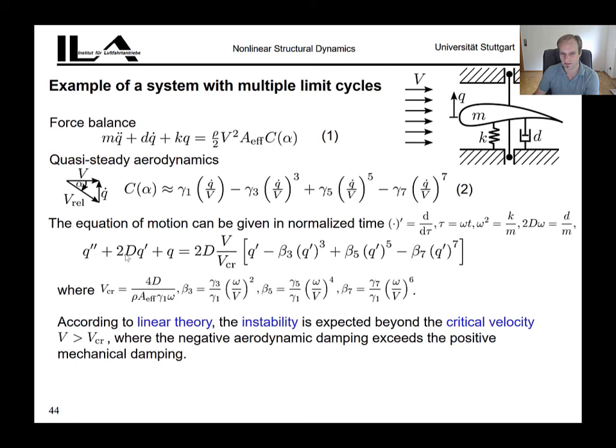So we have a damped situation. If V is larger than V critical, we have an unstable equilibrium point. But this is just linear theory, right? So as soon as we have reached this threshold, we expect either a stable equilibrium point or an unstable equilibrium point, giving rise to exponentially growing amplitudes.